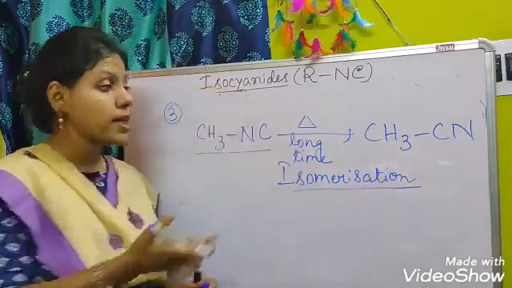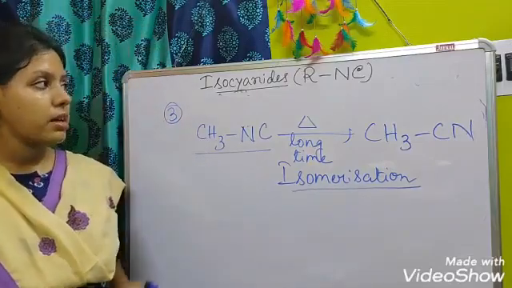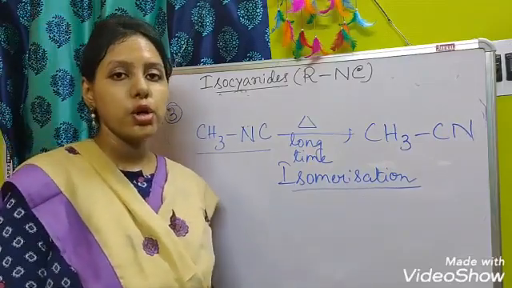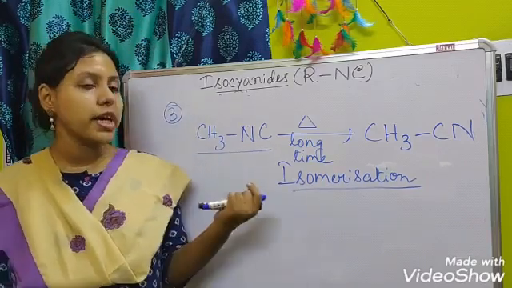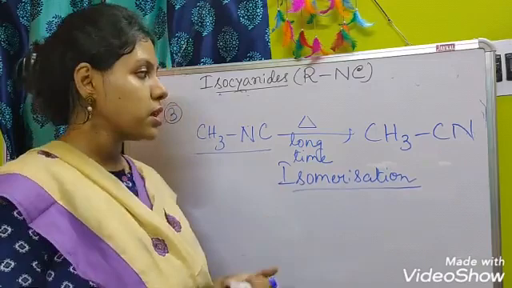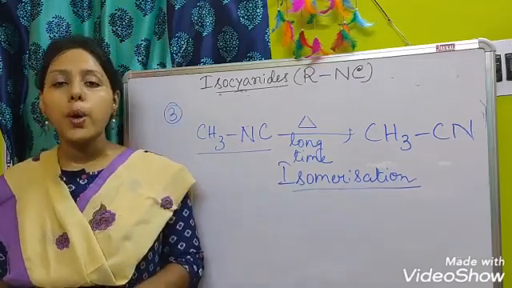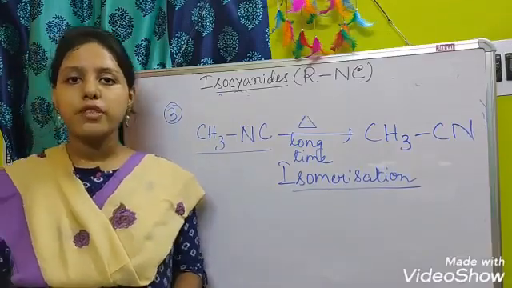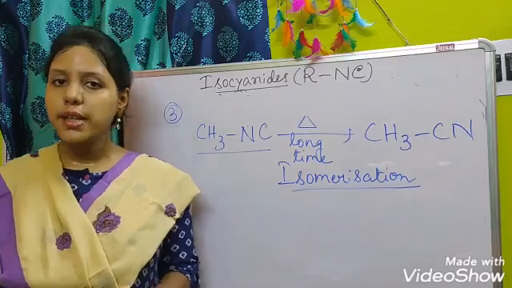Okay, so these are all the reactions of the isocyanides. Besides this, you also have to read the physical properties of the isocyanides. For example, isocyanides show a much lower boiling point than the cyanides because of their lower dipole moment than the cyanide.